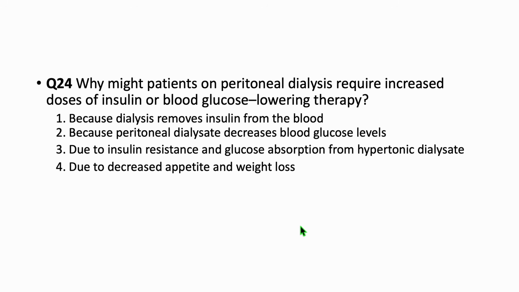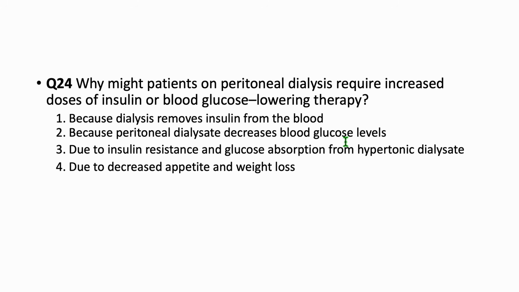The first statement here is because dialysis removes insulin from the blood. Option second says because peritoneal dialysis decreases blood glucose level. Option 3 says due to insulin resistance and glucose absorption from hypertonic dialysate, and option 4 says due to decreased appetite and weight loss. So the first option here is wrong because dialysis does not remove insulin.